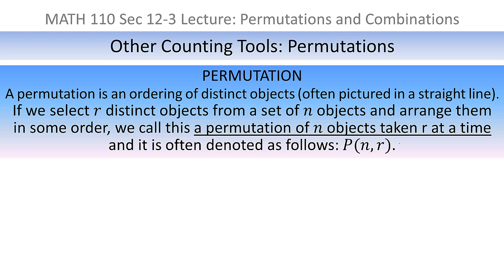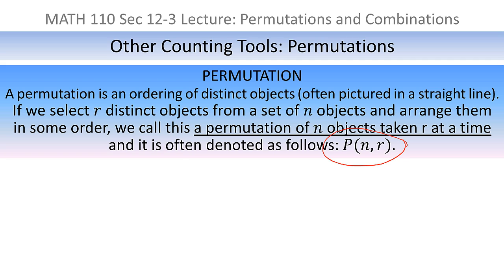And we use this notation, capital P with n comma r in parentheses after it, and that's read permutation of n objects taken r at a time. So when you're taking them all, it's just called a permutation, and you calculate it by doing n factorial. If you're taking a subset, but you're still arranging in order, that's called a permutation of n objects taken r at a time. And it has its own formula.